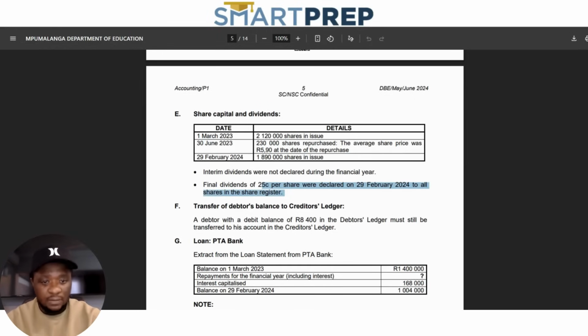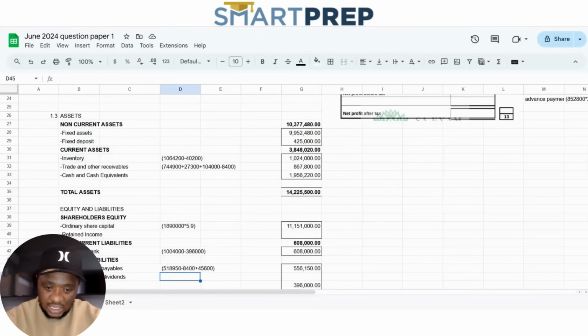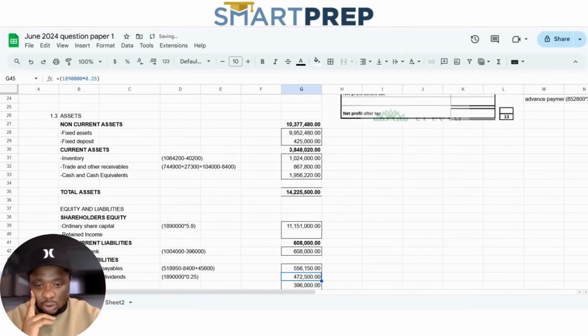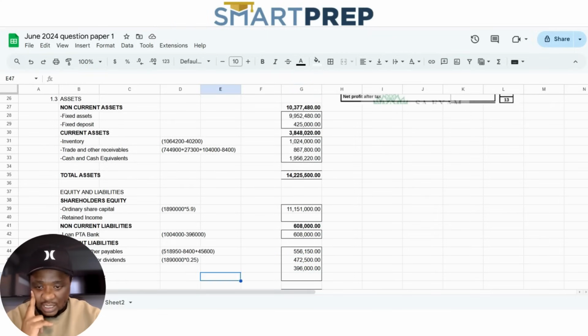Well, on the 29th of February 2024, the shares that are in the register are 1,890,000. So you're going to multiply that by 25 cents. So you're going to say 1,890,000 multiplied by 25 cents, so that's 0.25. And then that is going to give us our shareholders for dividends amounting to 472,500.